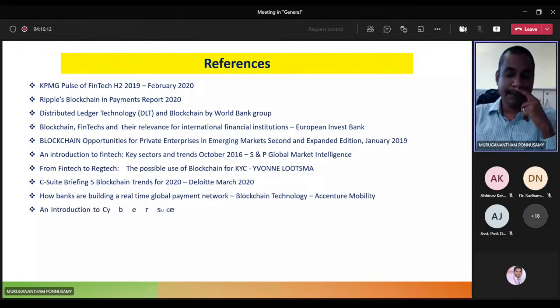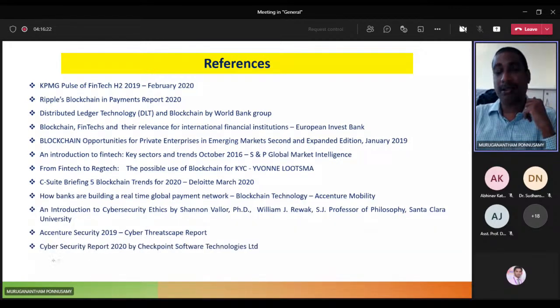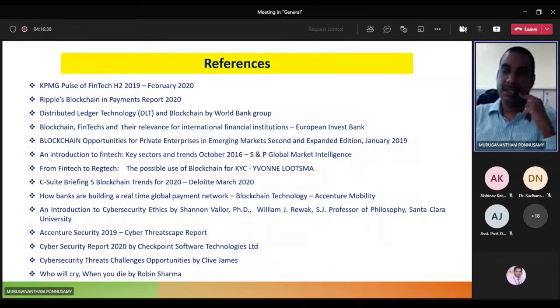Then BC by Assenger Mobility. Then an introduction to cybersecurity by William Ravak. Assenger Security 2019, that is a threat report. Cybersecurity report by Checkpoint Software Technologies Limited. And cybersecurity threats, challenges, opportunities by Clive James. And Who Will Cry When You Die, by Indian author Robin Sharma, a tip for increasing the happiness index.